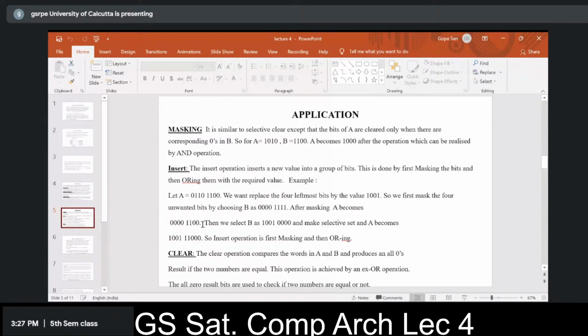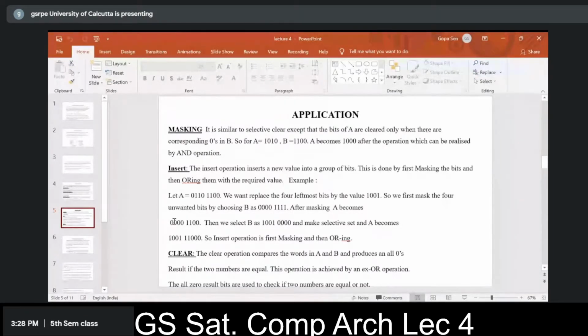Then again we will select B so that these 4 bits remain the same. So here B will be 0000 for these 4 bits, and for the other 4 bits B will be selected as the new value which will be inserted. So B is 1001 0000, and then selective set is done.